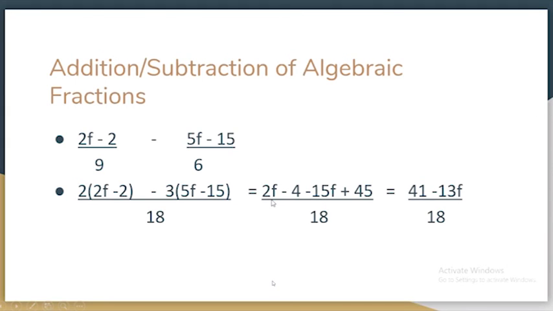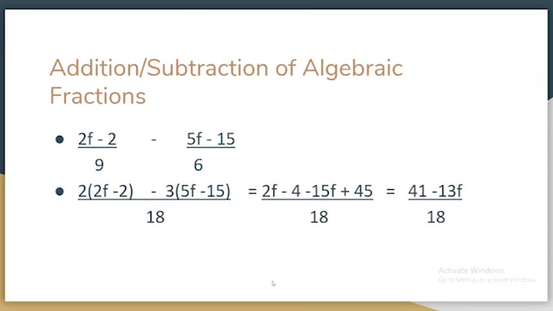Now, like terms. So here, notice this time I'm writing the number first, constant first. Doesn't matter whether I write the term with the letter first or the term with the number first. Anybody know why I wrote 41 first this time? That's correct.